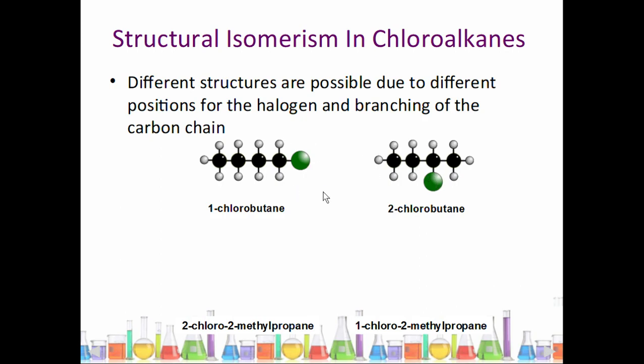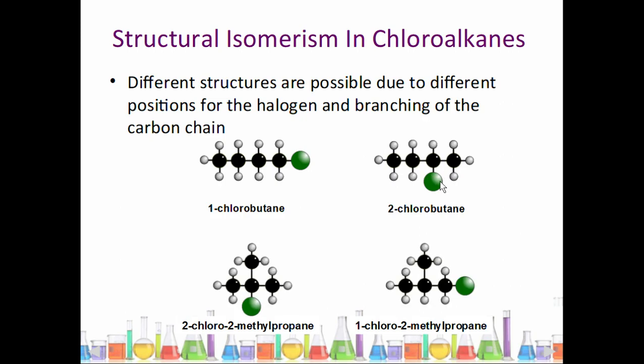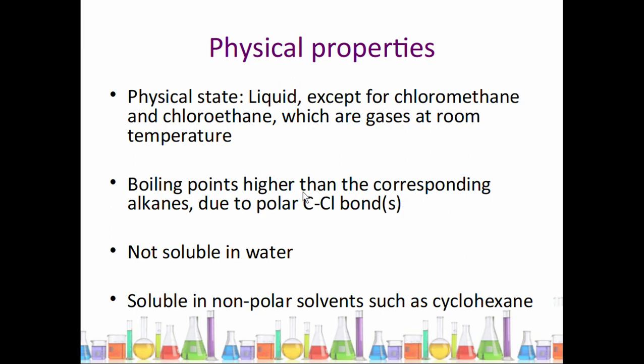And when they're mixed together, when they come close to each other, they're going to form stronger intermolecular bonds than if the chlorines weren't there, if we just had a completely non-polar molecule. And so it would be harder to separate the molecules. That's why the boiling points are higher. It's harder to separate them due to the polarity of the bond. It creates stronger bonds between the molecules.